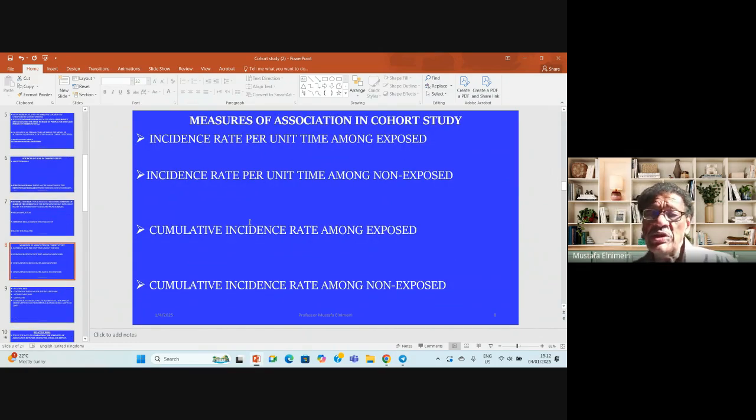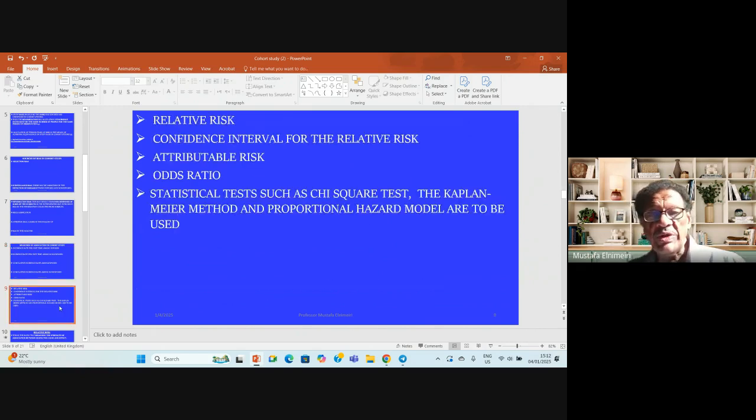And the measures of association in cohort study are: incidence rate per unit time among exposed, incidence rate per unit time among non-exposed, cumulative incidence rate among exposed, and cumulative incidence rate among non-exposed. These are the measures of association.